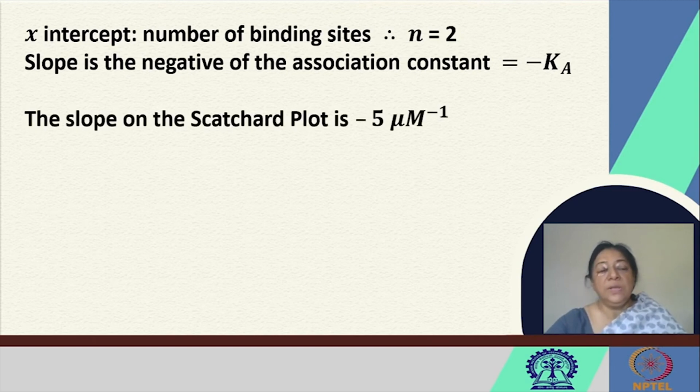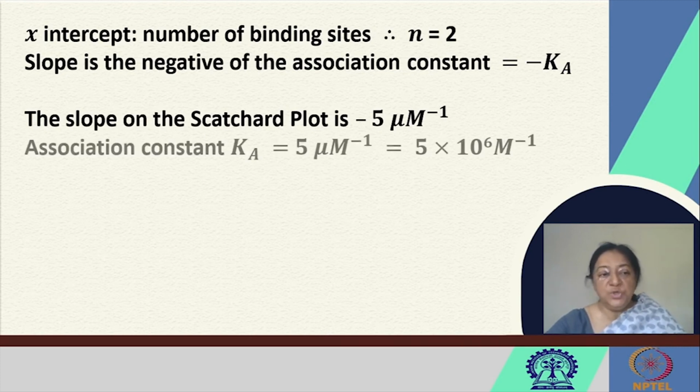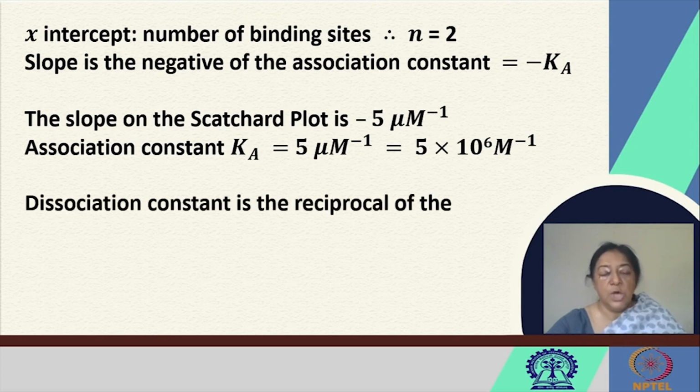Now, when we look at the slope on the scatter plot, we get minus 5 micromolar inverse, which means that the association constant Ka is 5 micromolar inverse, equal to 5 into 10 to the 6 molar inverse. We know that the dissociation constant is the reciprocal of the association constant.